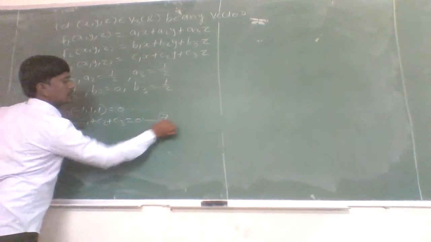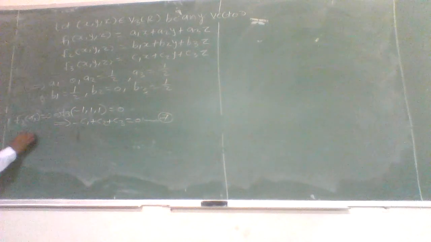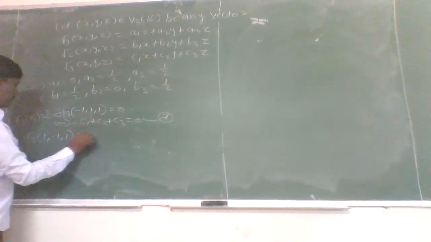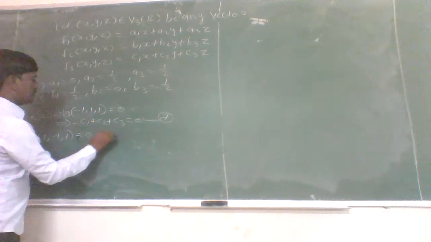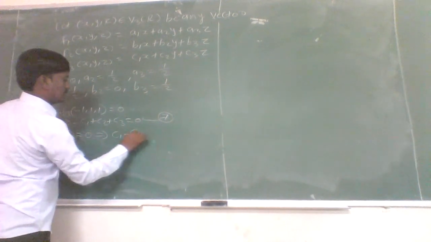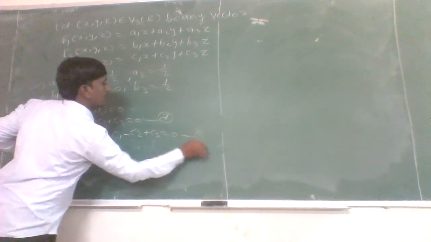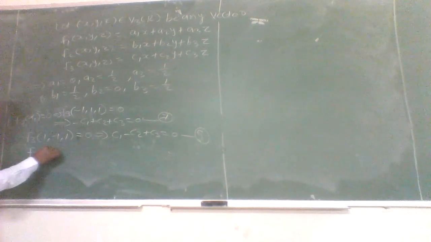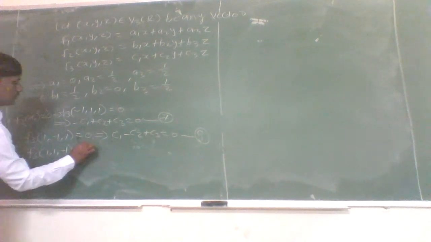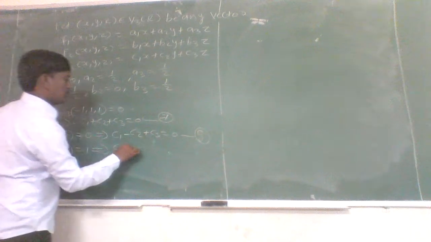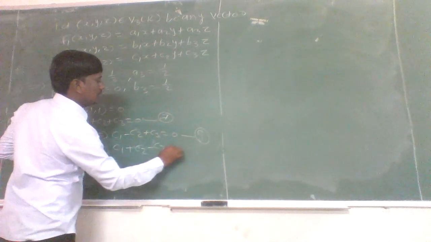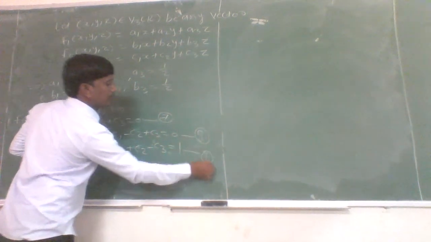This one is the seventh one. Now, F3 of alpha 2, 1, minus 1, 1, equal to 0, which implies C1 minus C2 plus C3 equal to 0. This one is the eighth equation. And F3 of alpha 3 is 1, 1, minus 1, which is equal to 1, which implies C1 plus C2 minus C3 is equal to 1.